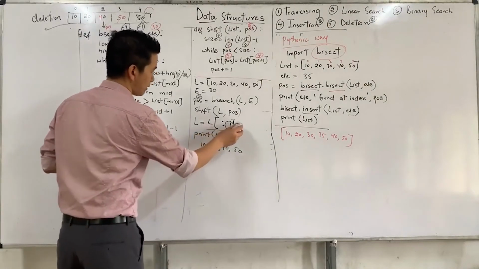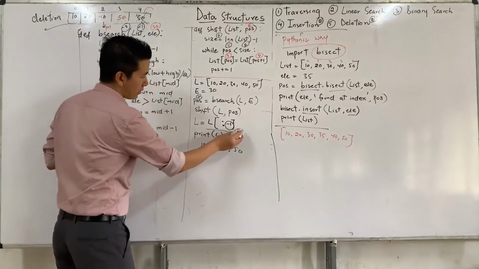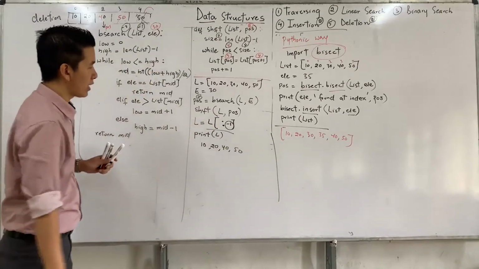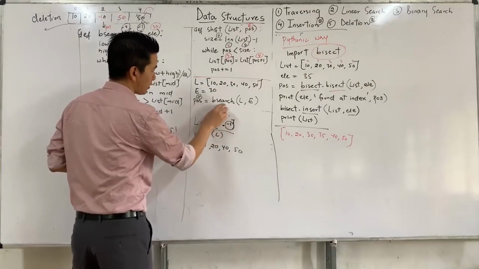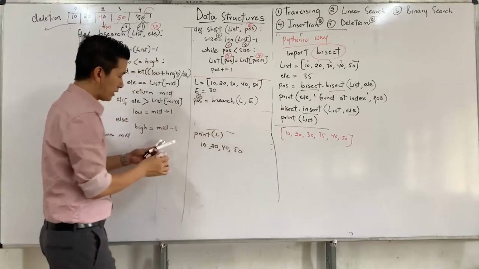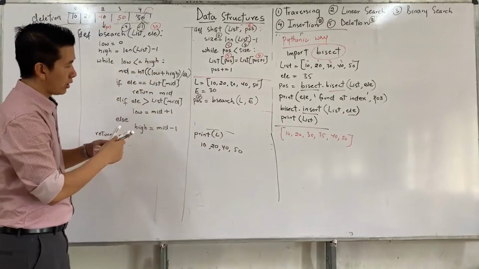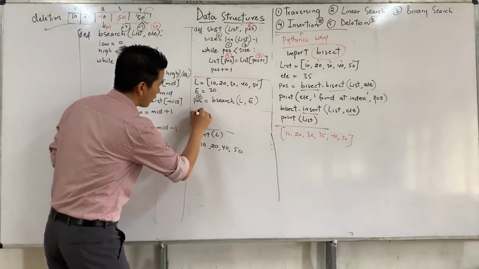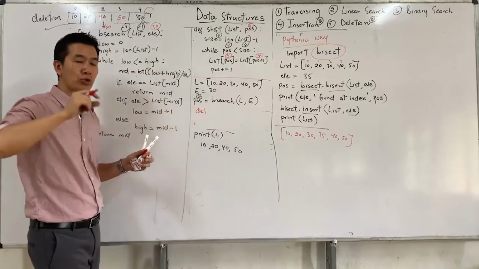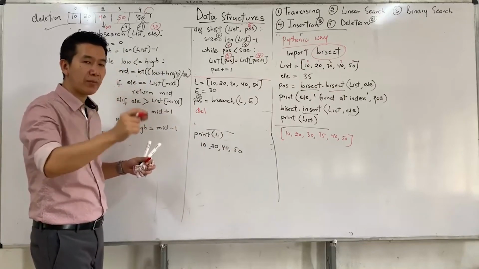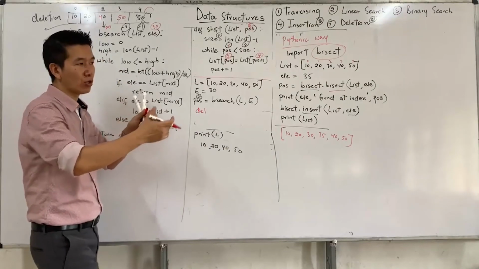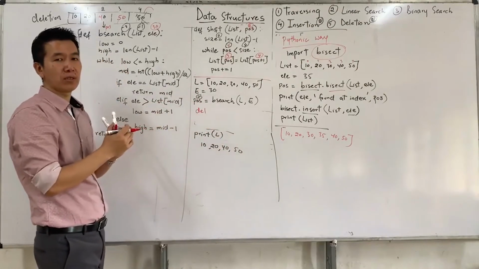Instead of slicing of list, I can get rid of this, and then I can use a Python keyword called del, which is used to delete an element from the list, and automatically, the shifting will also take place.